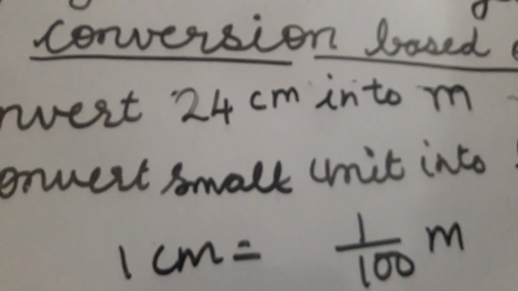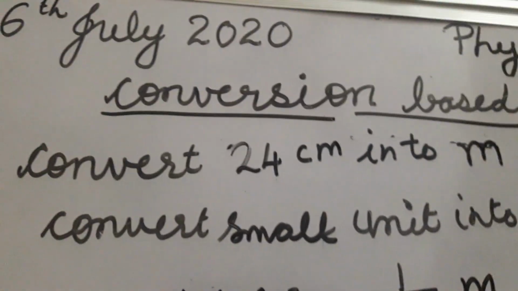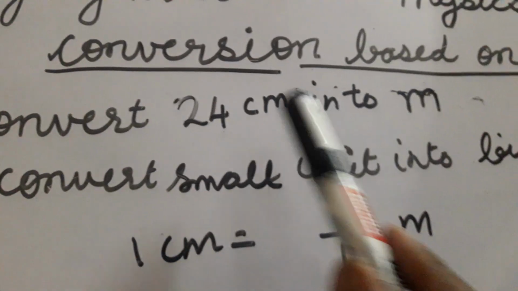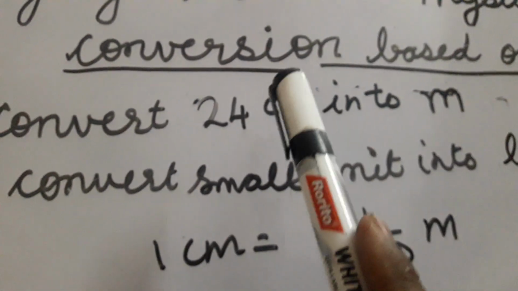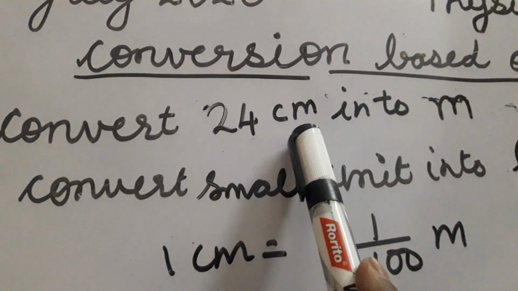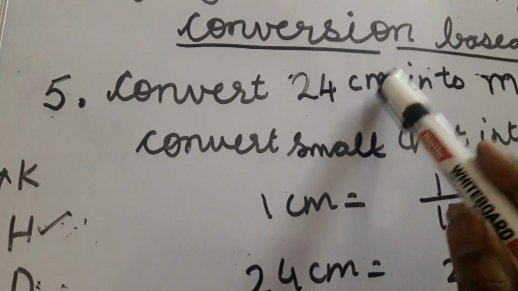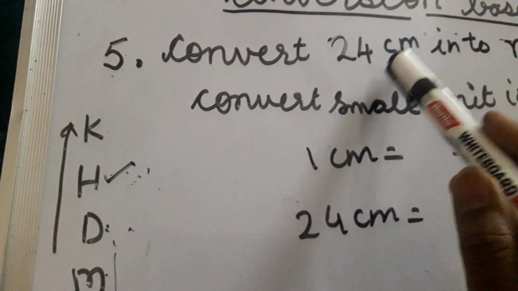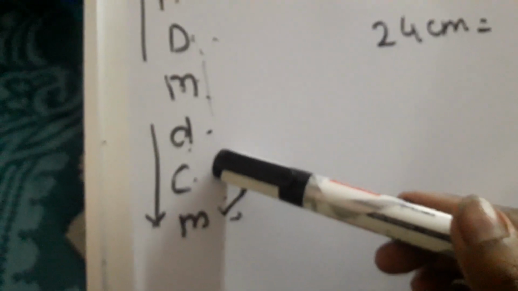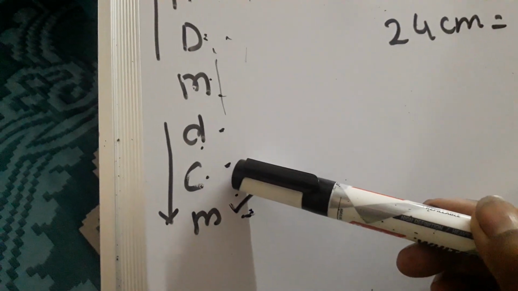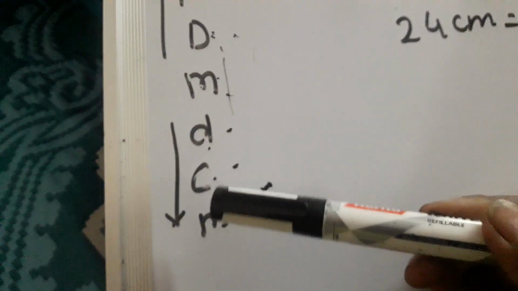Now see this one. Convert 24 centimeter into meter. Now compare between centimeter and meter. Which unit is bigger or which is smaller? This is written first, so we will go there. Centimeter. Here meter is this side.